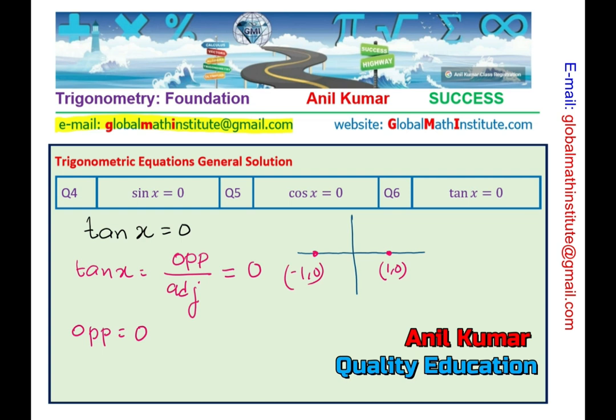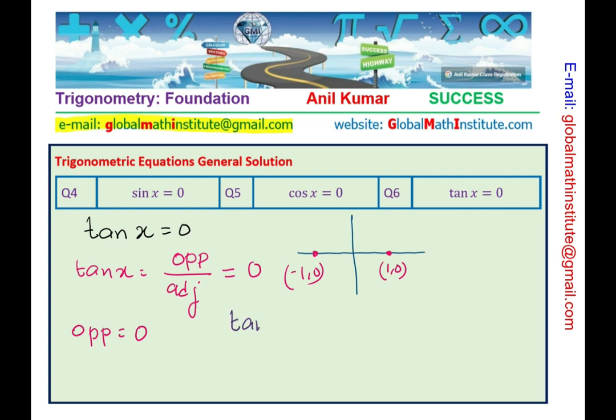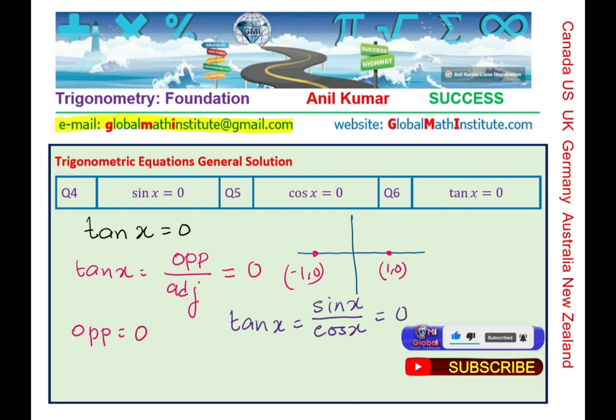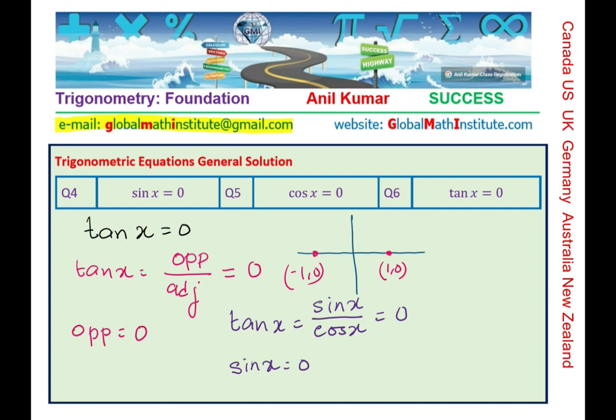Well, it does make sense because you know what is tan x? Tan x is also ratio of sin x over cos x, correct? If I want this to be 0, means sin x is 0. So that also brings us to the same solution which we wrote in the very first case, right? So the general solution will be what?